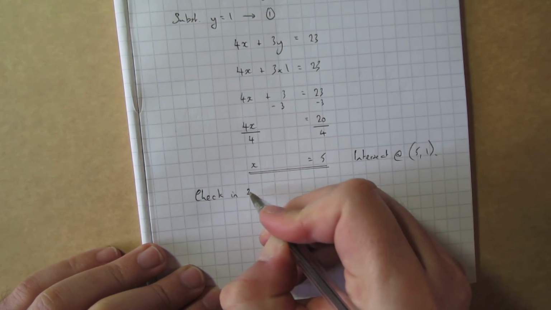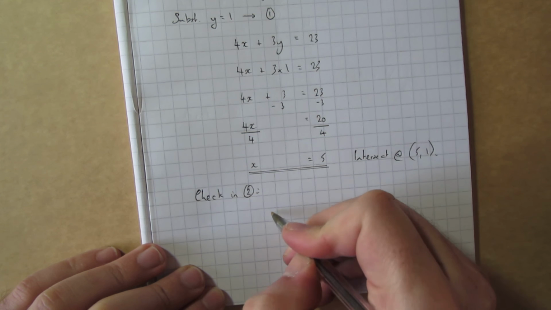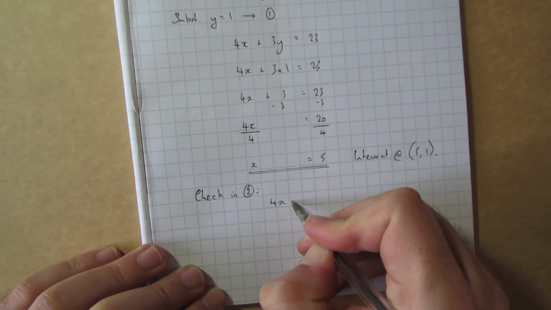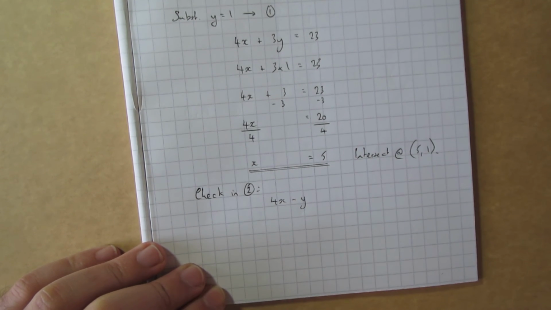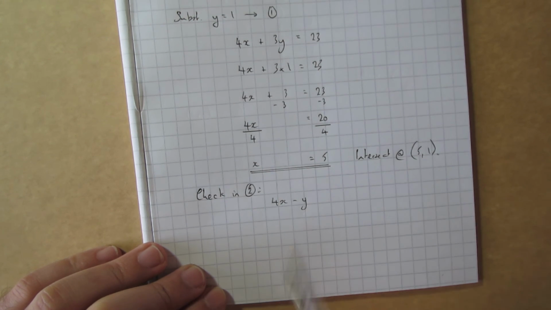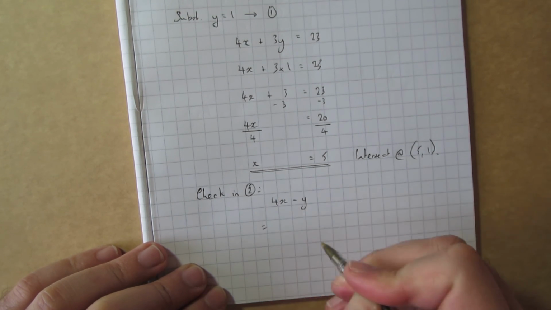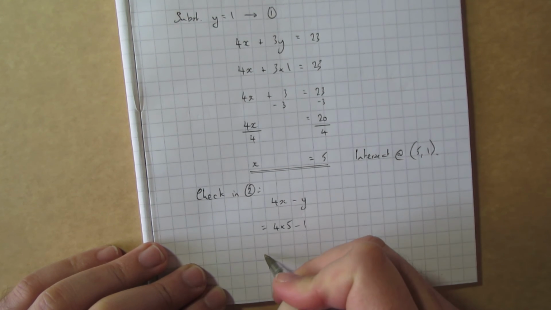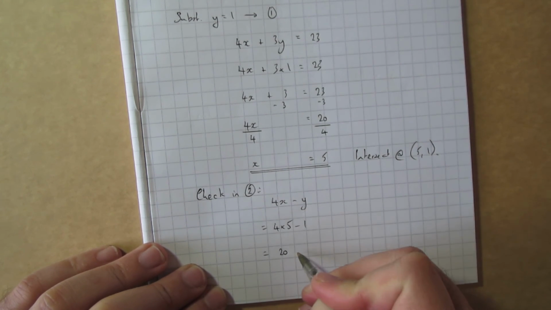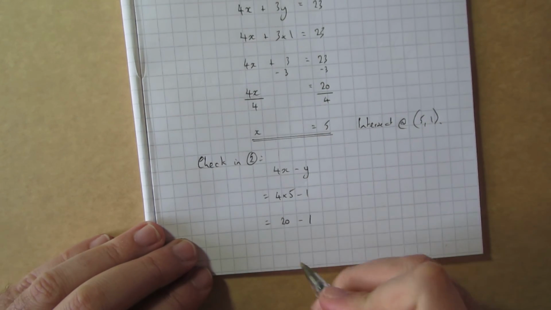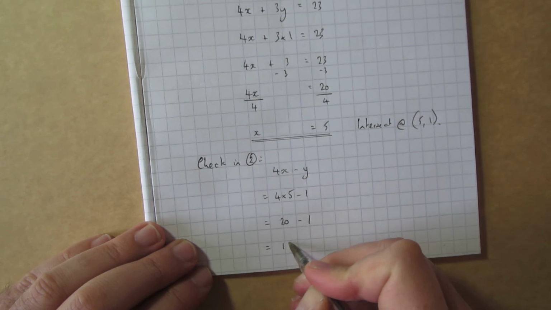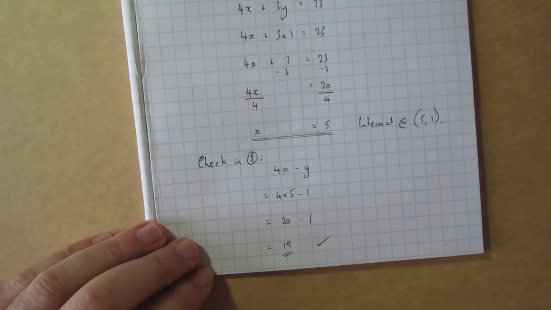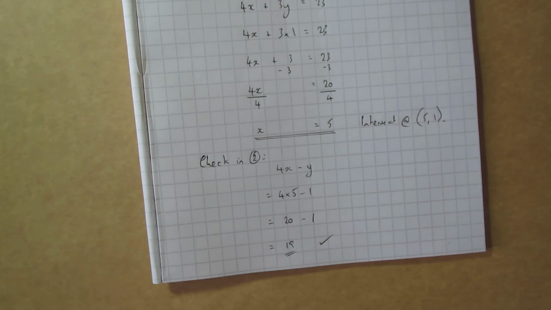Check in equation 2. 4x minus y should equal 19, but let's find out if it does. 4 times 5, take away 1, 20, take away 1, equals 19, and we're happy that we've got it right.